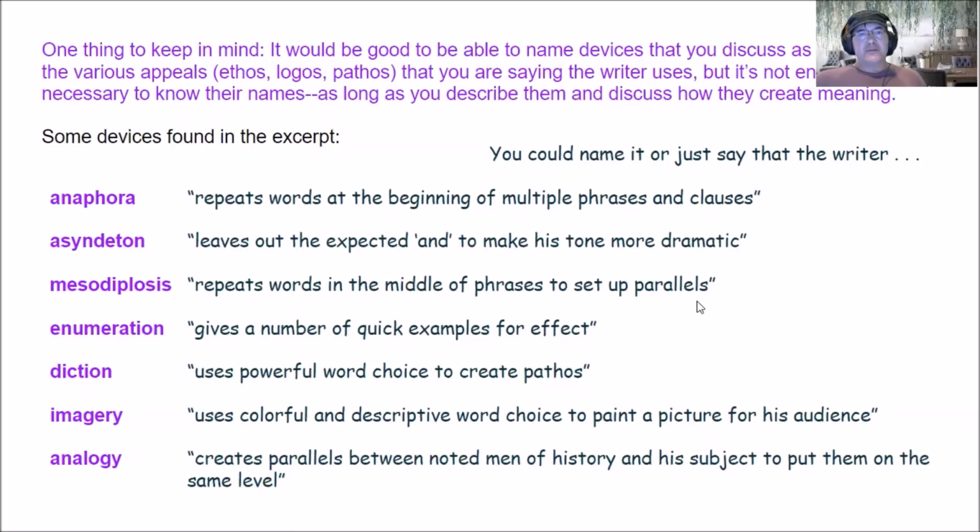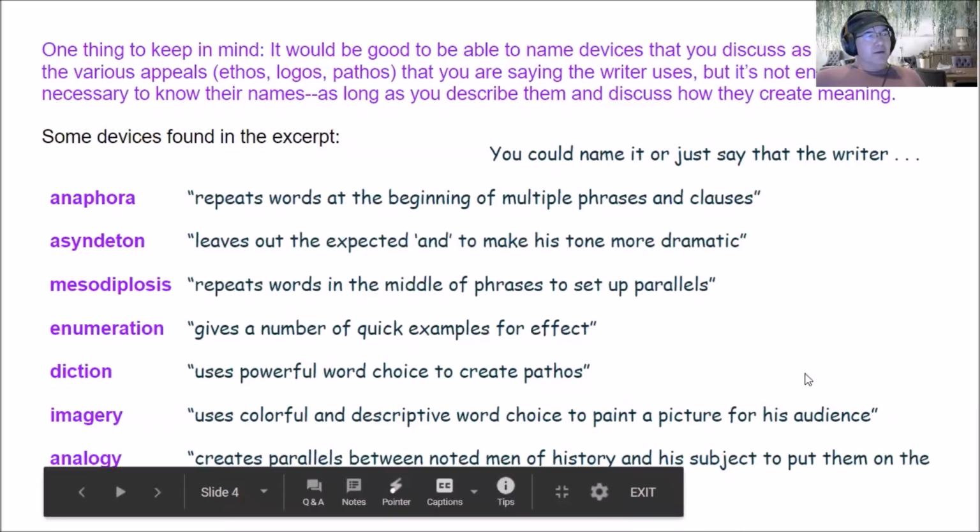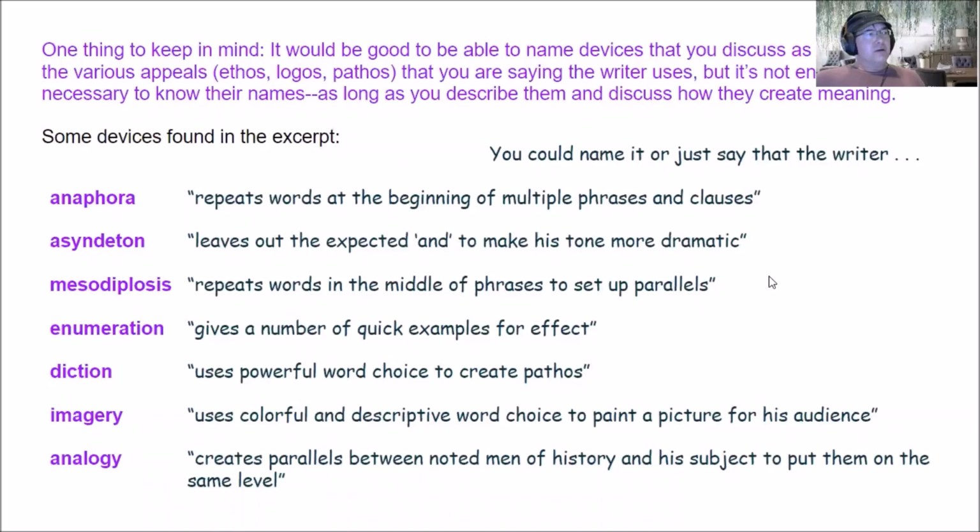You don't have to know the word antithesis. Again, you can make a perfect score on this essay without having to know these words. It helps to know them, but you don't have to use them on the essay. So if you'll just notice what I have on this screen here, you do have a number of the devices that this author uses to create the appeals, the pathos, ethos, logos.